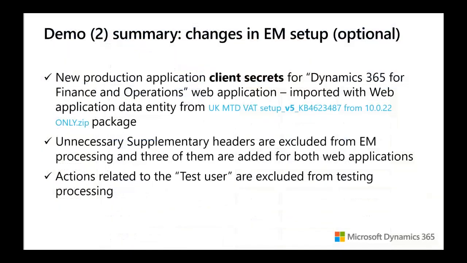registrations. So, short summary of what was shown in the second demo. We watched how to import new production application client secret from the package and exclude unnecessary supplementary headers setup and leave only those 3 which can be potentially used as alternative to usage of external web services for public IP.